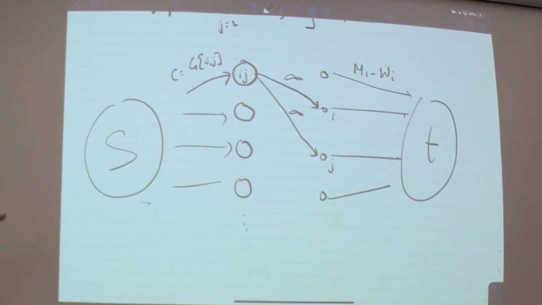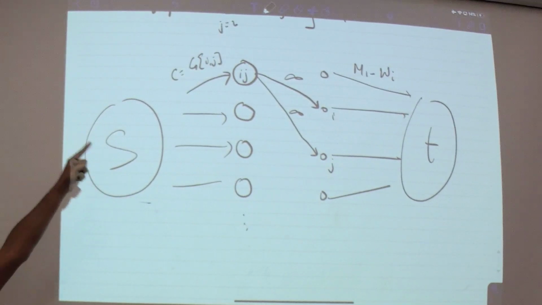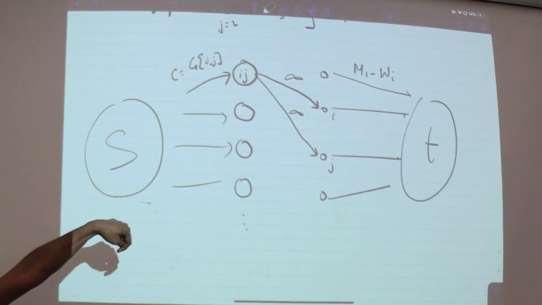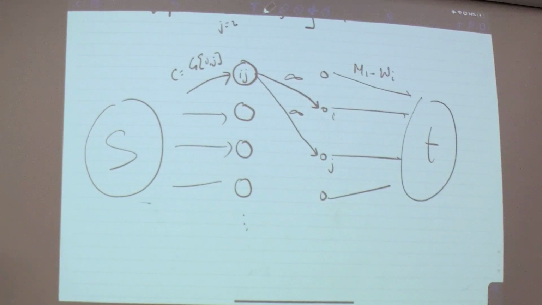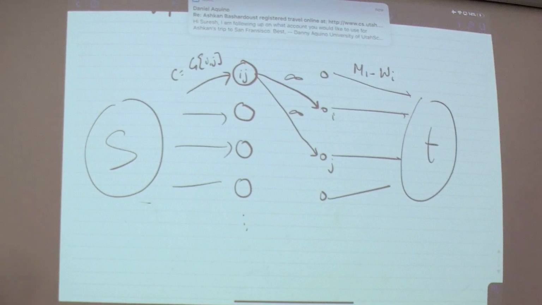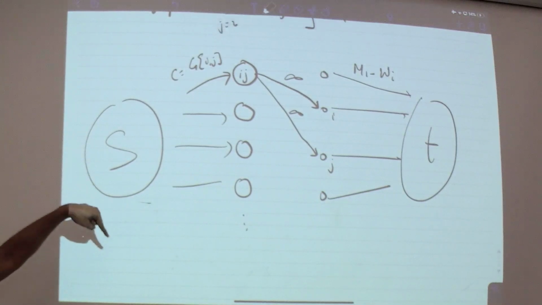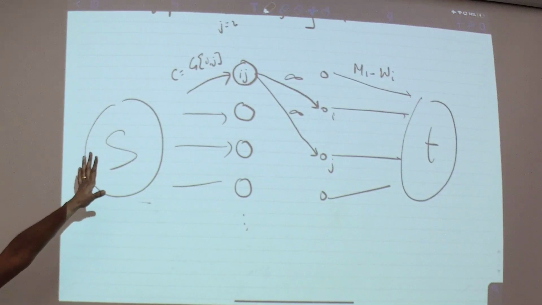So the total flow here is the total number of games that are played. Now obviously you want to play all games, so you want to push all flow possible. So the question is, if you push all flow possible, then the max flow that you can push is all the games.